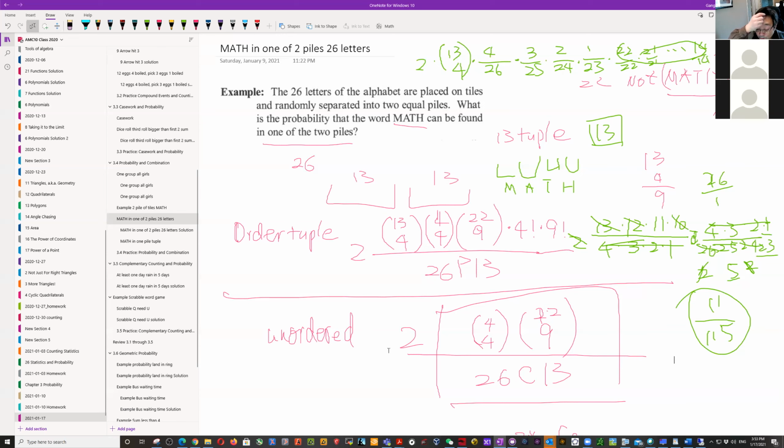It always has an ordered tuple, unordered set, plus the probability event. This method just breaks each probability event into multiple steps. Each step you get a probability, then combine them together.